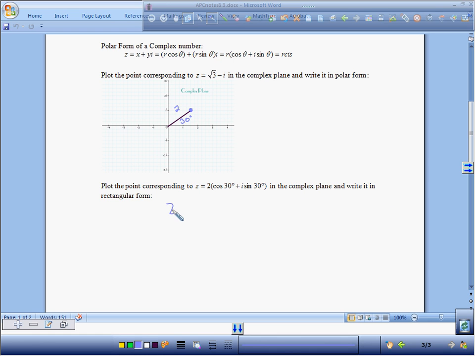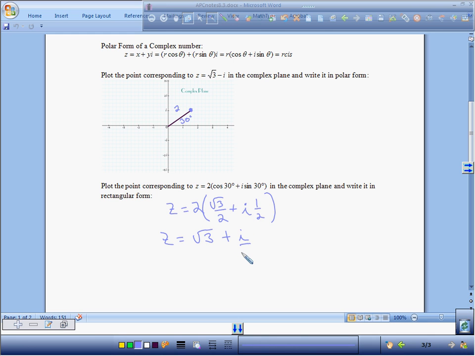So some of you might remember from last semester what the cosine of 30 is. Please, someone remember what the cosine of 30 is. Root of 3 over 2. You were thinking sine, so go ahead and say what the sine of 30 is, Josh. 1/2. So times 1/2. And then you could go ahead and multiply that through, and what happens is the 2's cancel out in both cases, and you get z equals root of 3 plus i.